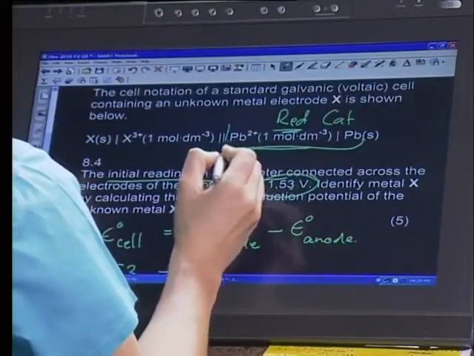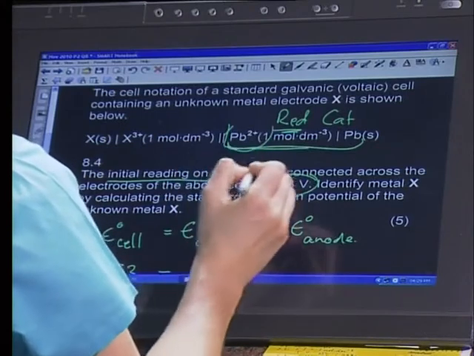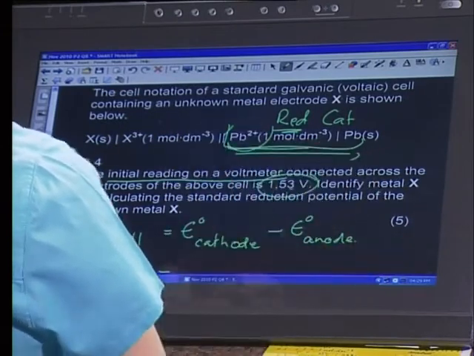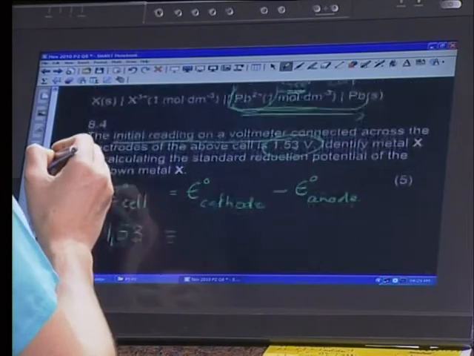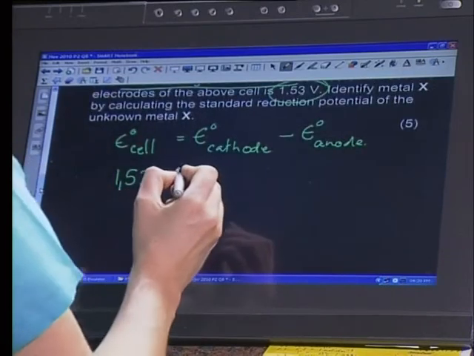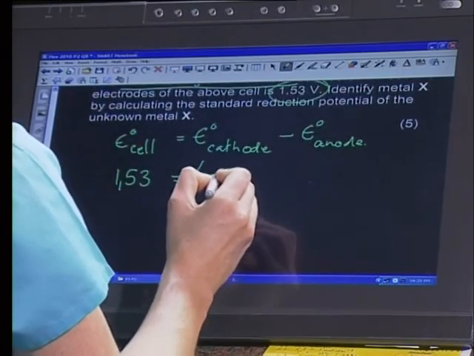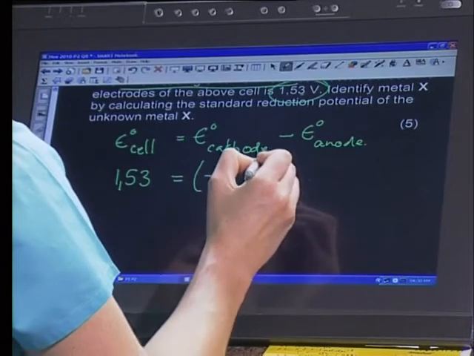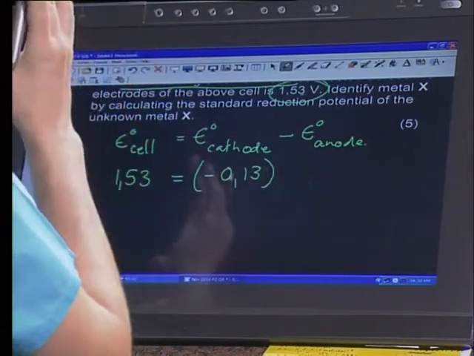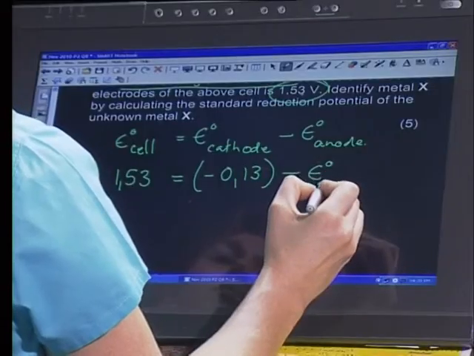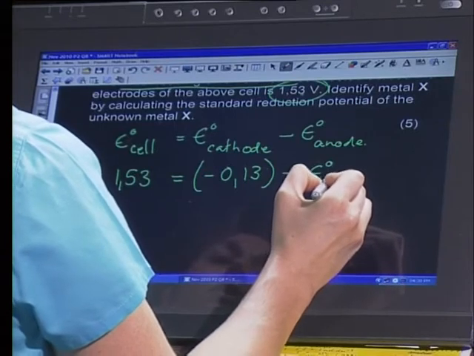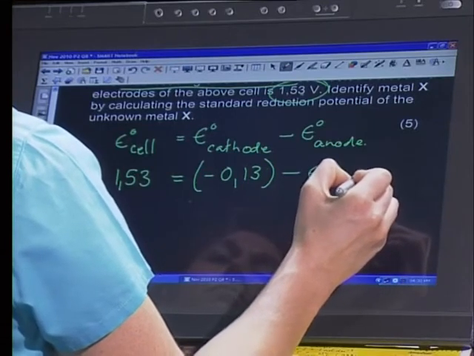You're going to read it from the side where it's lead Pb2+ all the way through to lead as Pb, and the value that you're going to have over there is going to be negative 0,13. Use the brackets, it just helps you to keep everything together with the symbols that we have, and then we don't know the potential difference over here for this specific anode.